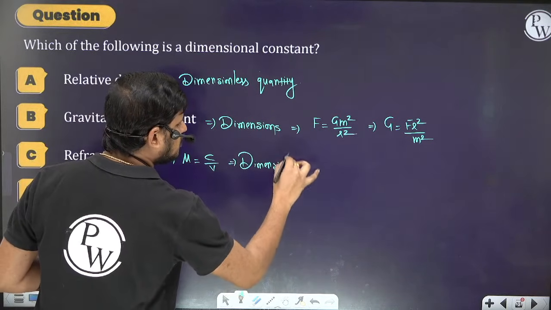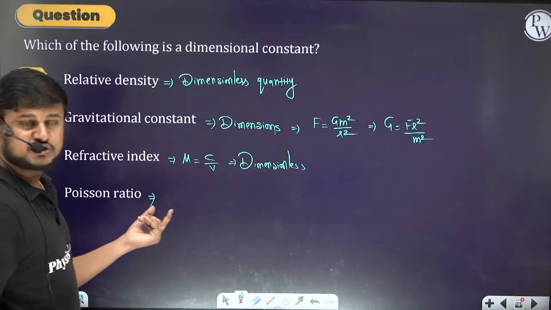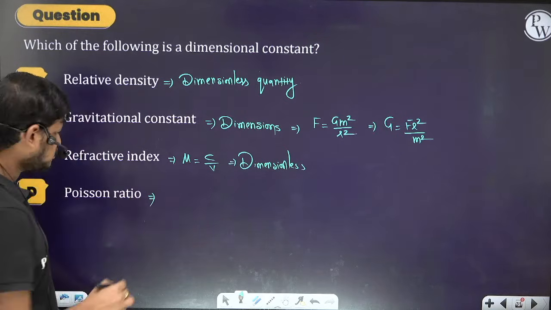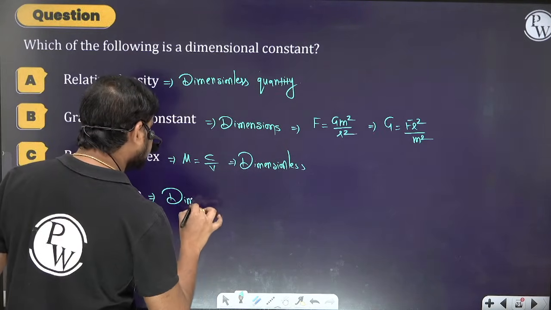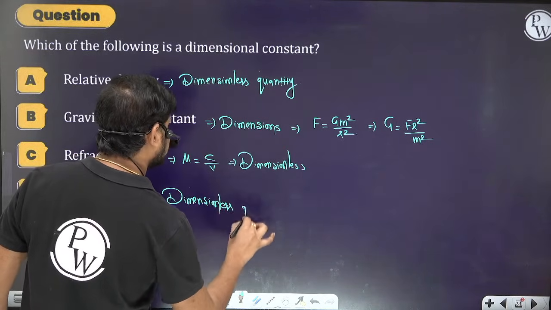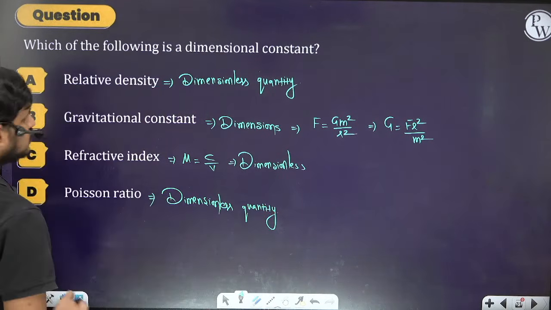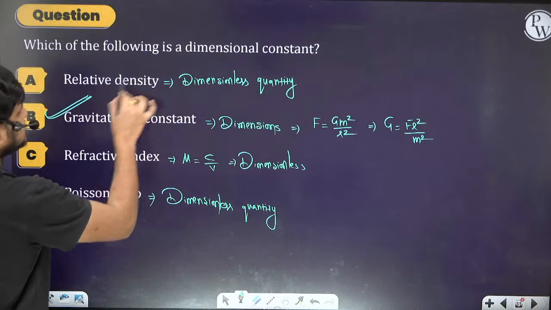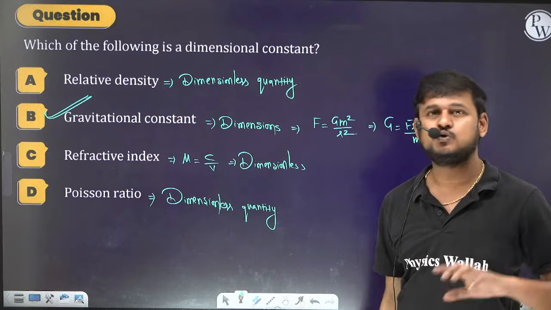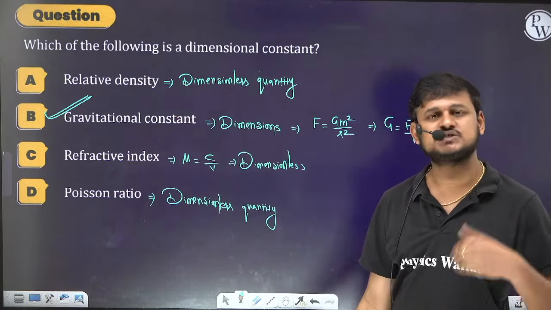Poisson's ratio is strain by strain, which is again a dimensionless quantity. Remember these dimensionless quantities. In this they are asking which is the dimensional constant. Only the gravitational constant. The remaining three do not have dimensions. They are pure numbers.